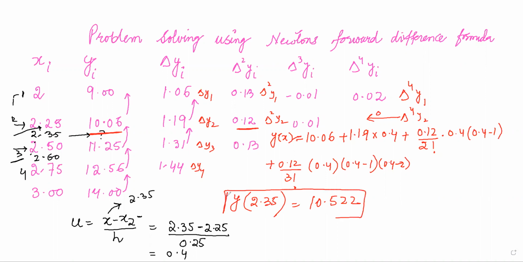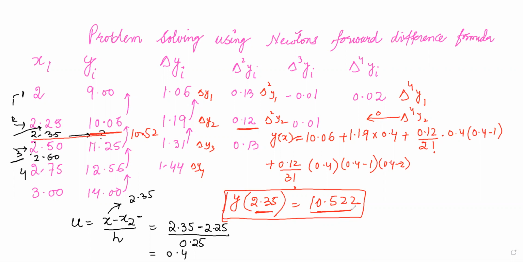So the value of y at the given value of x, when x is equal to 2.35, is 10.52. Since everything is given up to 2 decimal places, I will also write it up to 2 decimal places. In the same way, we have solved it: for x equal to 2.35, the value of y is 10.522.